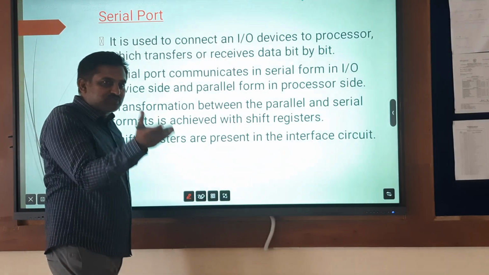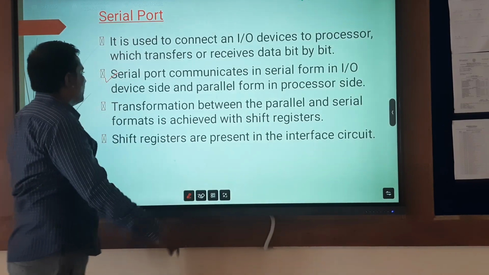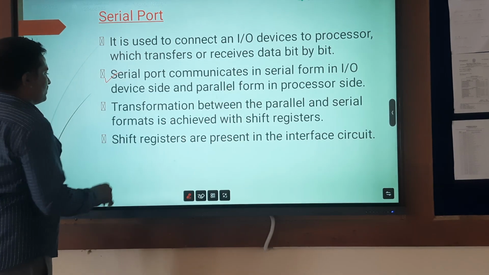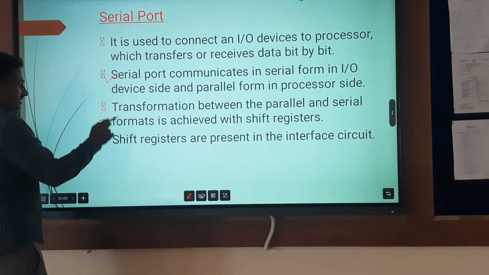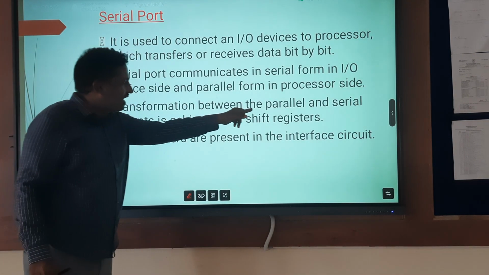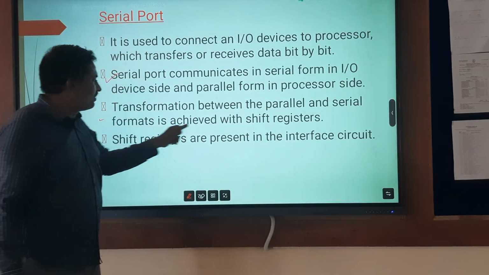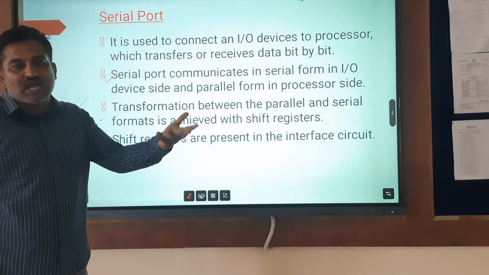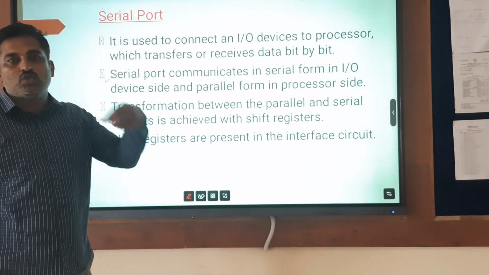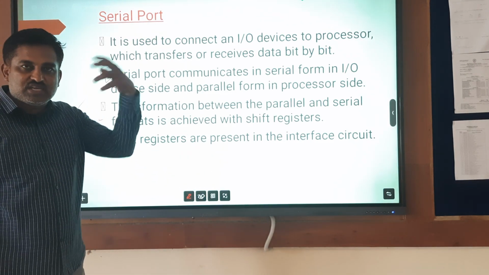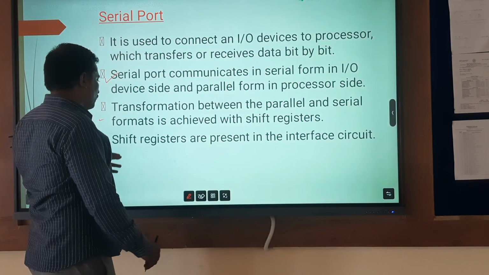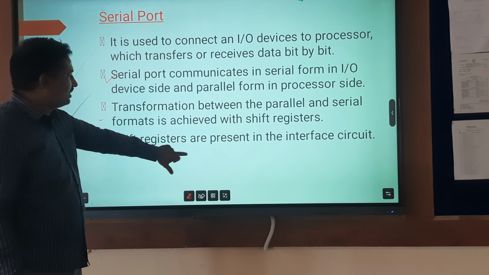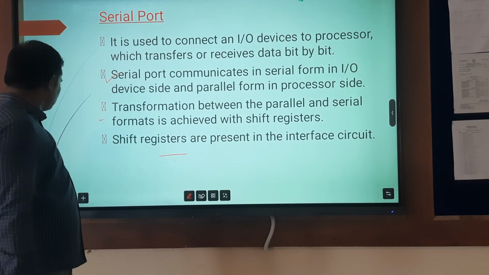The conversion of serial to parallel is performed in the interface circuit. Here it is represented. Transformation between the parallel and the serial format is achieved with the help of shift registers. Those shift registers are placed inside the interface circuit.